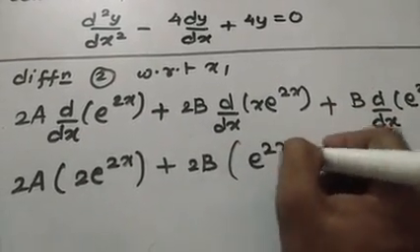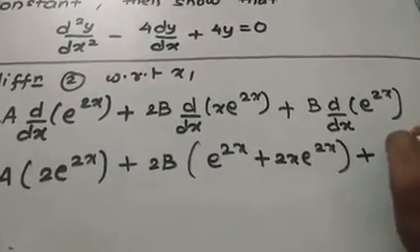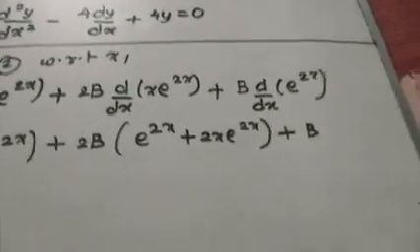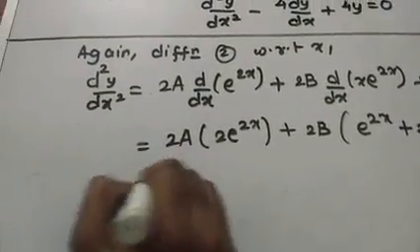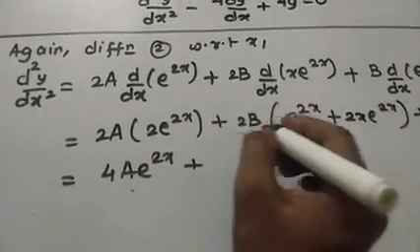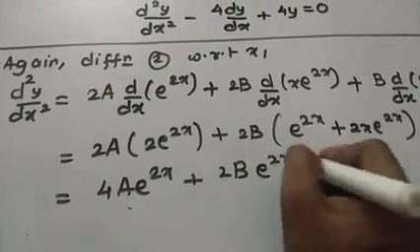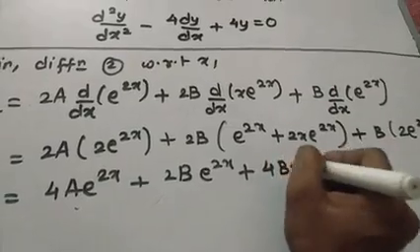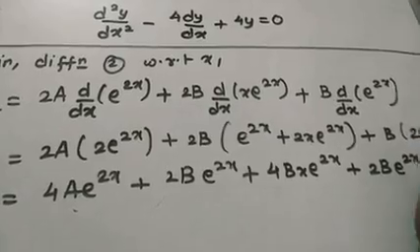It will be e to the power 2x plus 2x e to the power 2x. And here b, you have to solve this, I am just writing it directly. Here b into 2 e to the power 2x. So after simplifying we get 4a e to the power 2x plus, let us open the bracket, 2b e to the power 2x plus 2 into 2, 4bx e to the power 2x plus 2b e to the power 2x.